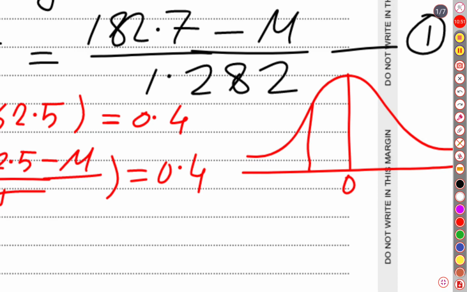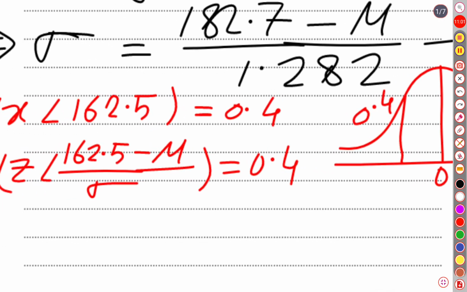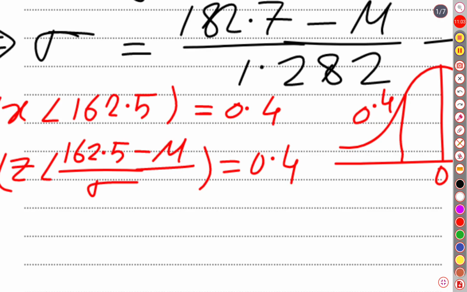This portion is 0.4, because the symbol is less than, so the left side is our probability.